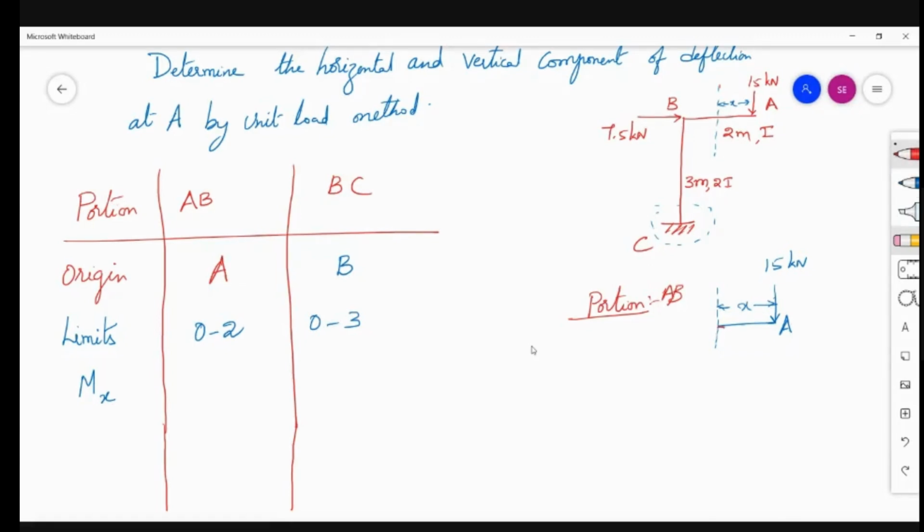See, it is giving a downward deflection like this, which is considered as hogging.